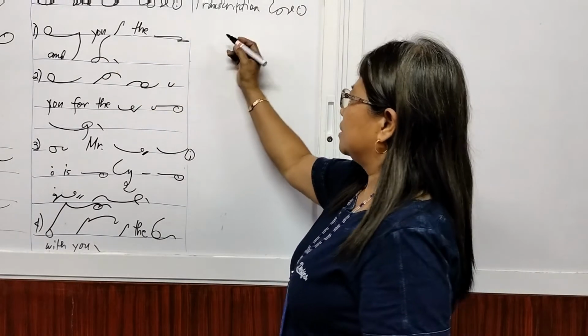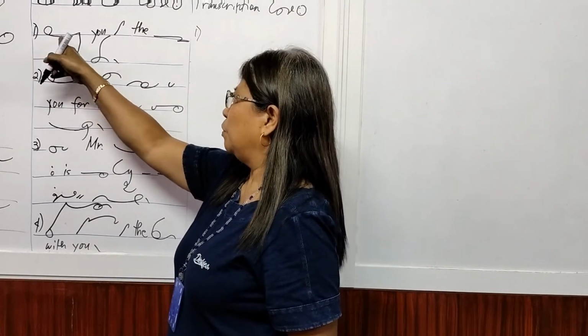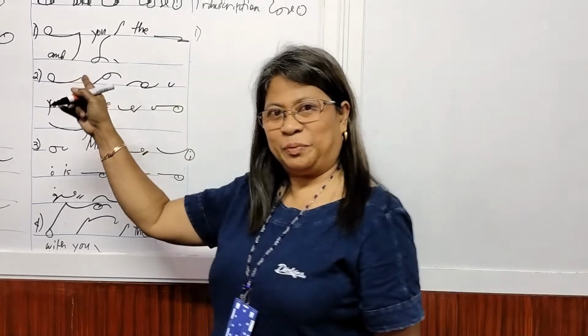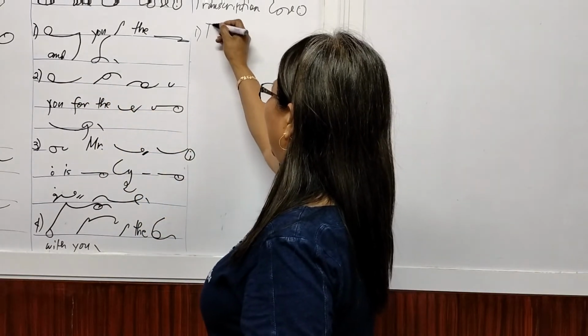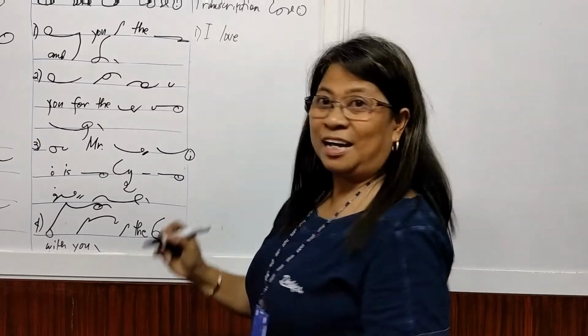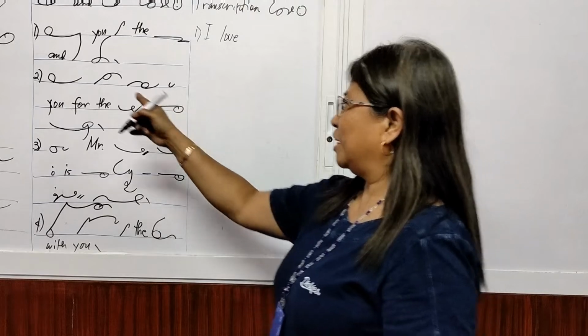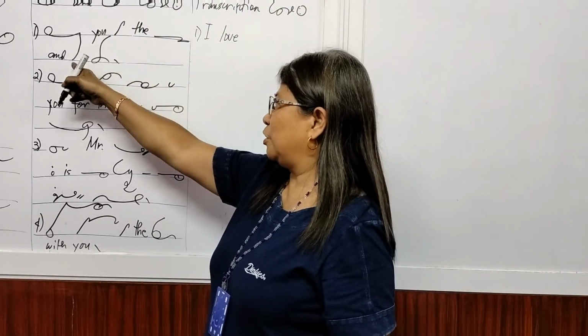So given this, sentence number 1 will be, I, L, V, ano po yun? What's the word or what's the phrase? This is I, L-O-V-E. That is I love. See? Pag nagyan mo din lang you later on, if you already have a brief form representing you, that they can put you there.